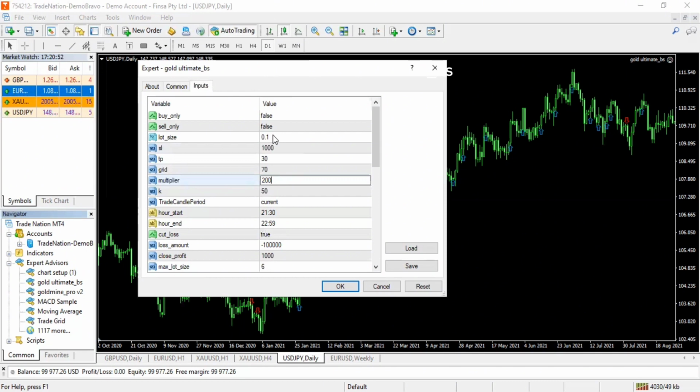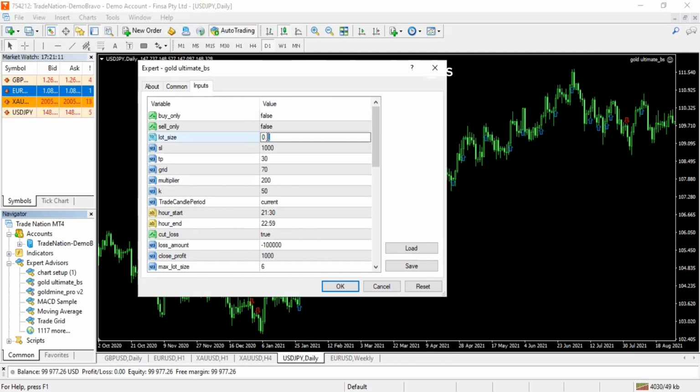So on a $10,000 account, or 10,000 cents, which means it's $100 on a micro account, 100 times 100 is 10,000 cents. On 10,000 cents, I can actually go with 0.01.